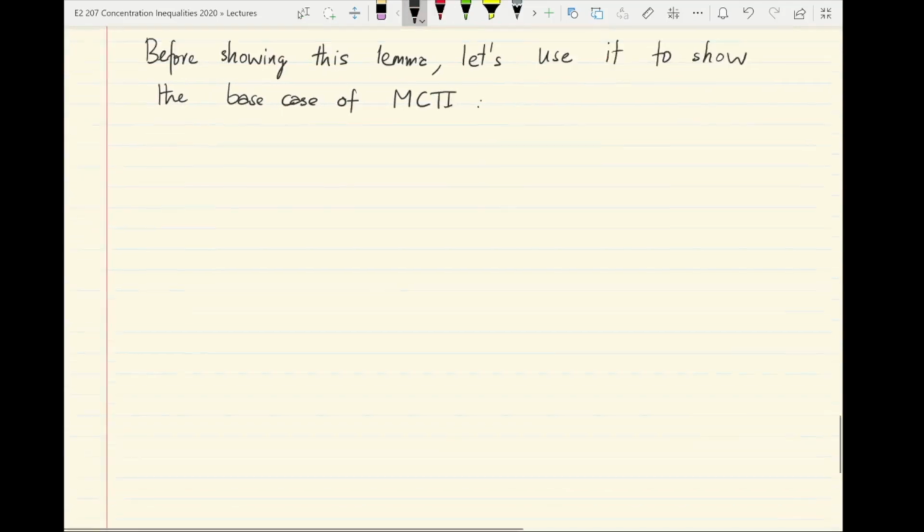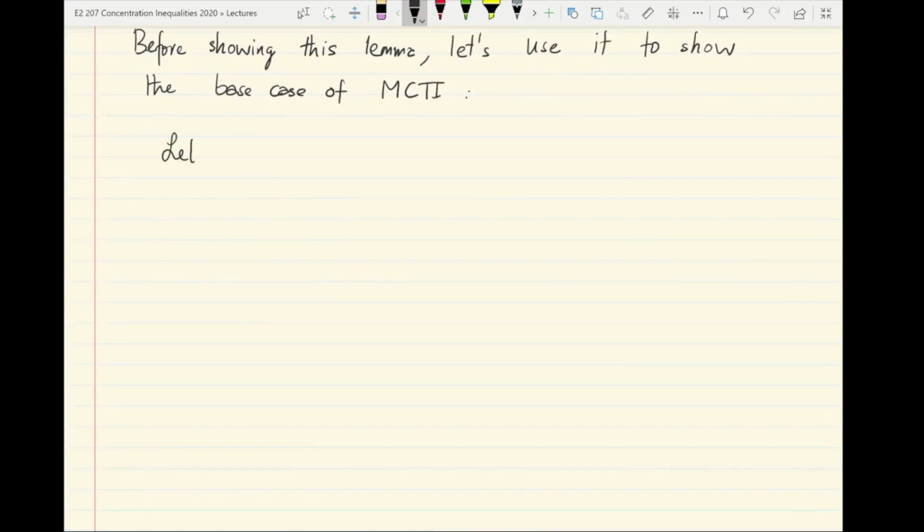Okay, so let's define again the Radon-Nikodym derivative between q and p as r. So let r of x for every discrete outcome x be defined as the ratio q of x by p of x for all x.